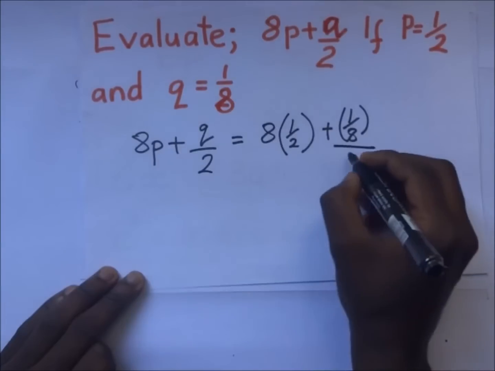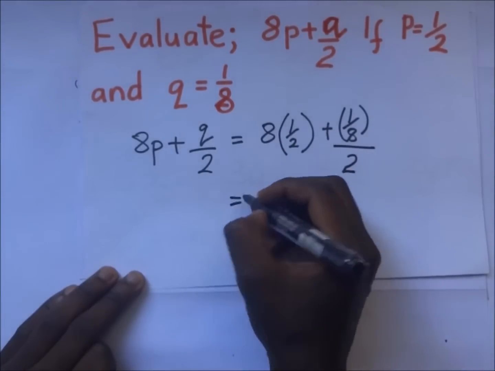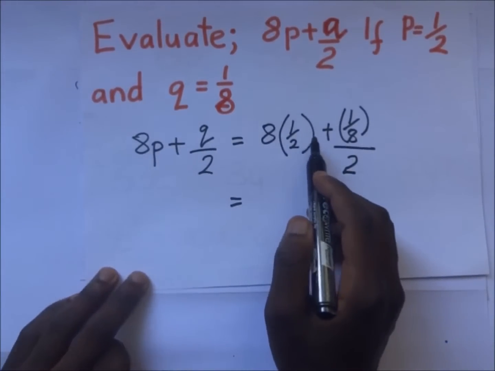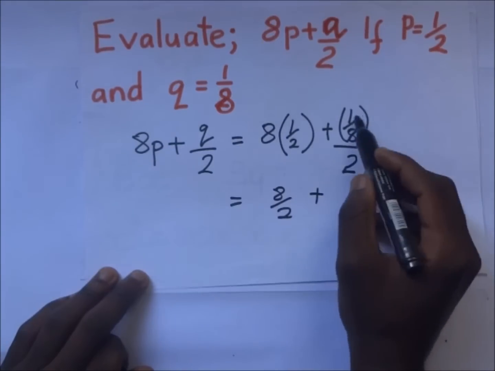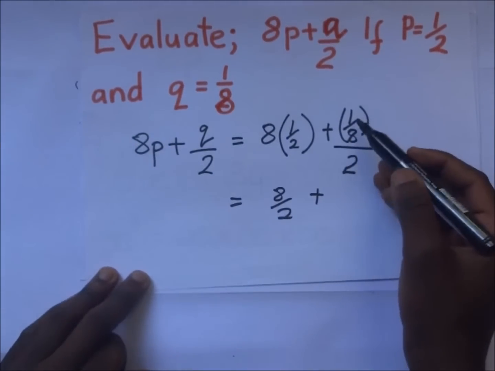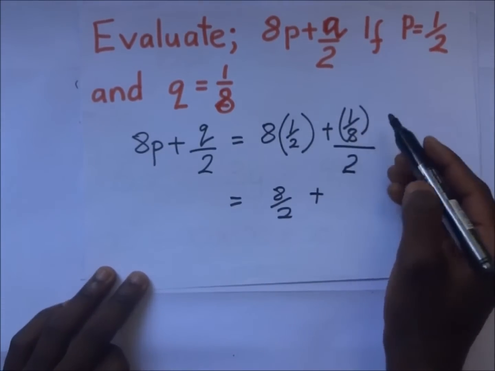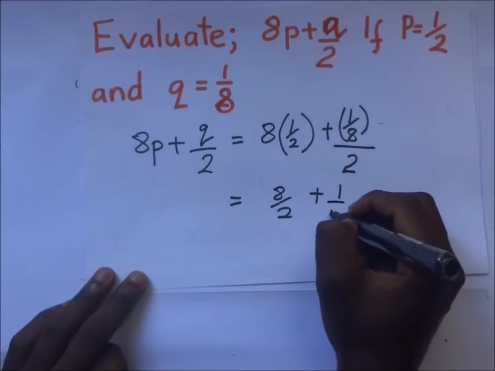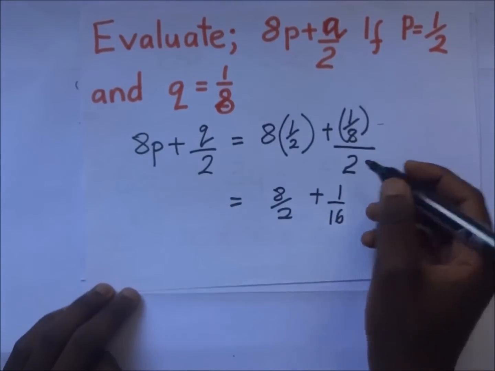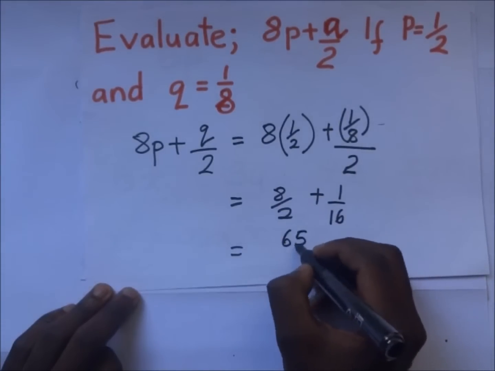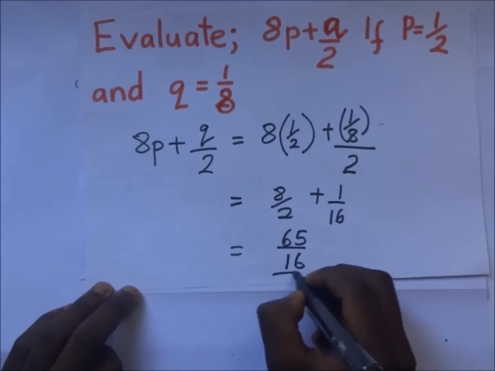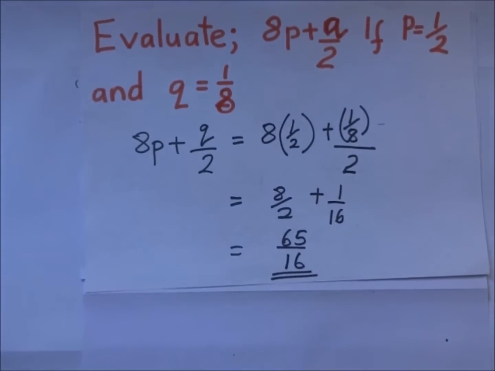Divide that by 2. So this is going to become 8 times a half, which is 8 over 2, plus an eighth over 2. Now an eighth over 2 is giving us 1 over 16. So 8 over 2 plus 1 over 16 gives us 65 over 16 as our answer.